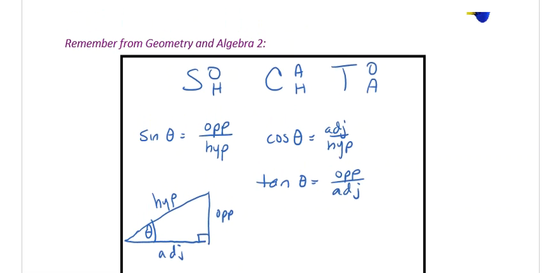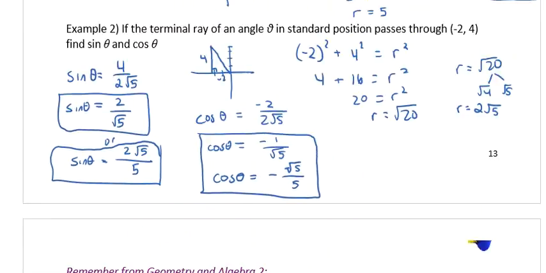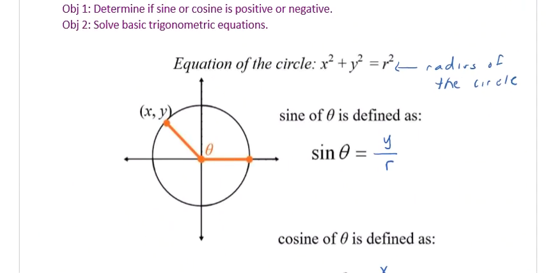Now, if I go back, we just defined sine as something different than opposite over hypotenuse. Let's go back for a moment. So this is, and I drew it in the second quadrant, but you could draw it in any quadrant. This is x and this is y. Opposite, and my hypotenuse is that radius of my circle.